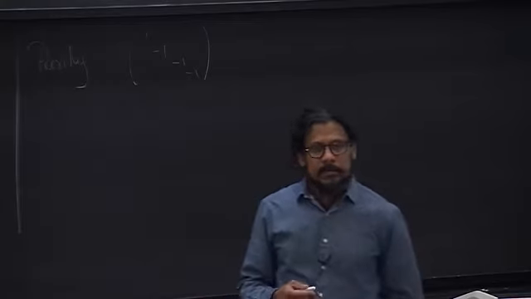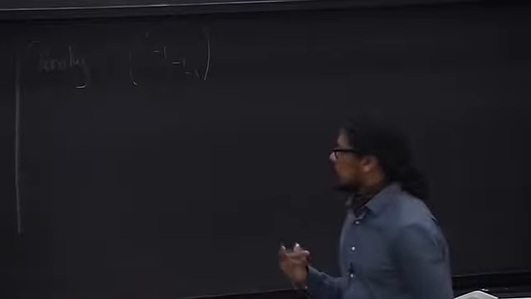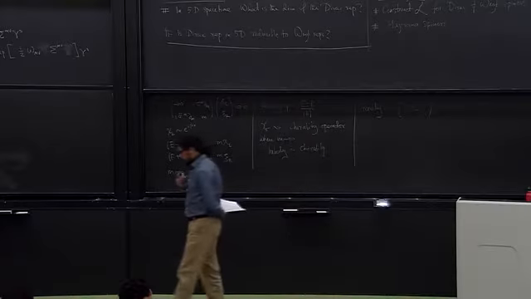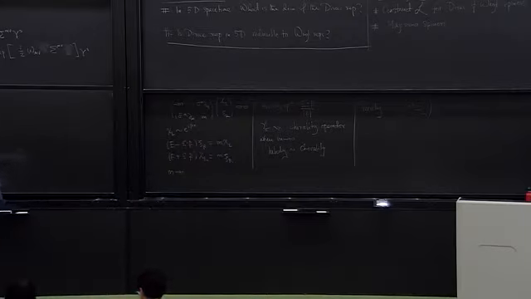However, if the particle is massless, this is something I should have said before. When the particle is massless, its helicity is an intrinsic property of the particle. Why is that?